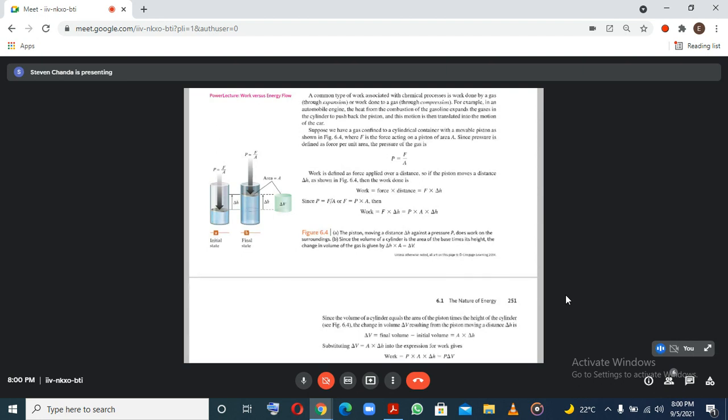You don't expect a gas to just compress itself out of the blue. So there is going to be compression, and when that compression happens, it's an external force, so it's work being done on a gas.